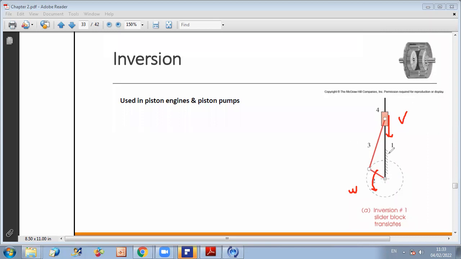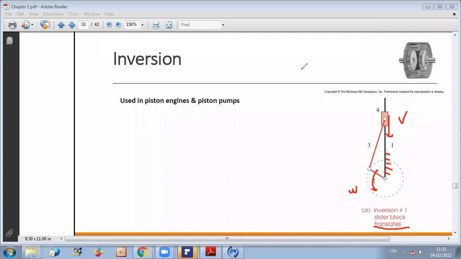We'll see this when we do the analysis of velocity, acceleration, and position diagrams. Okay, now we just need to understand the operation of the mechanism, and after we'll relate the output motion to the input motion. So in this case, for the first inversion, which consists of grounding link 1, the type of motion obtained is translation of my block.